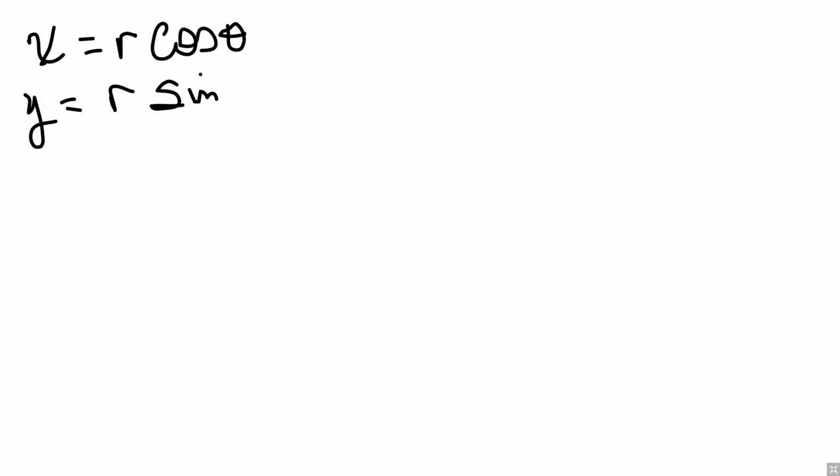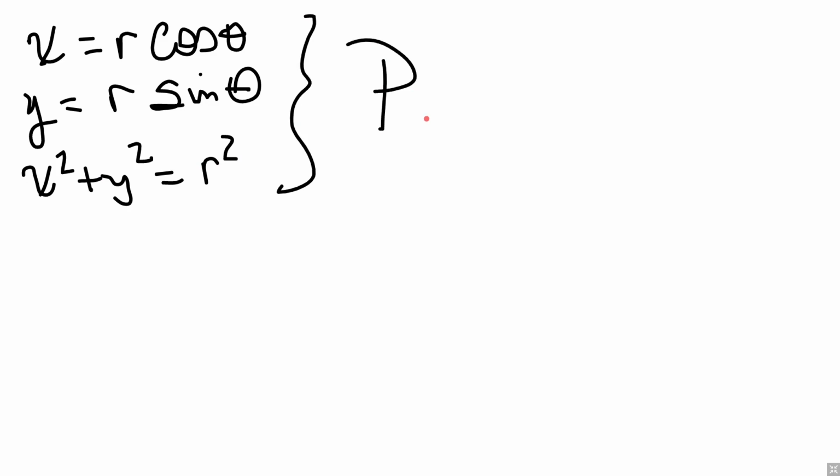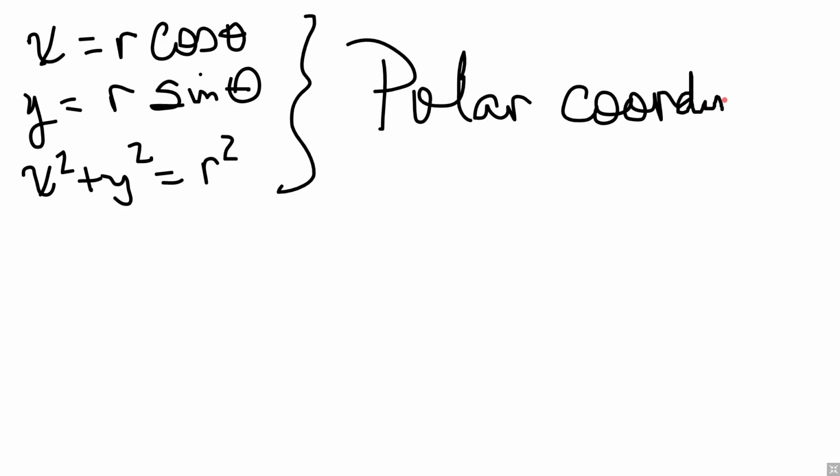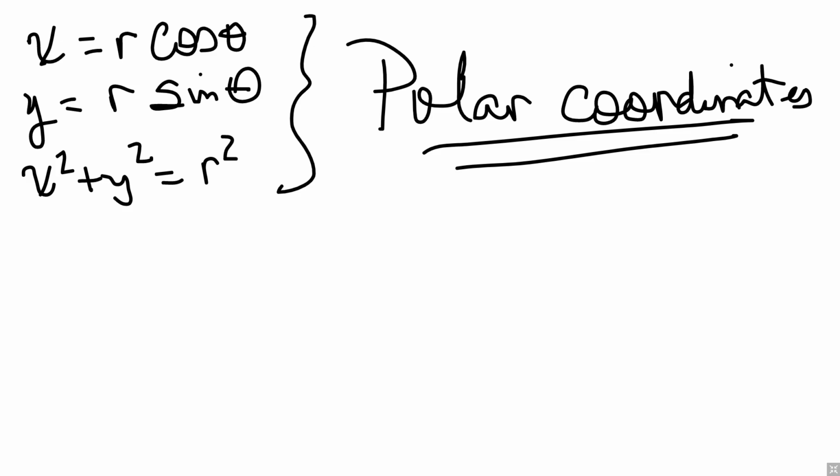Let's remember that x is equal to r cosine of theta, y is equal to r sine of theta, and that x squared plus y squared equals r squared. Okay, and these are dealing with polar coordinates.